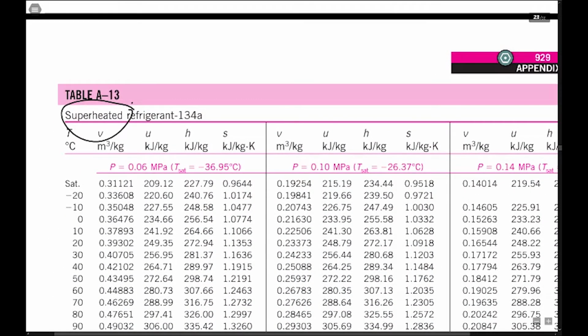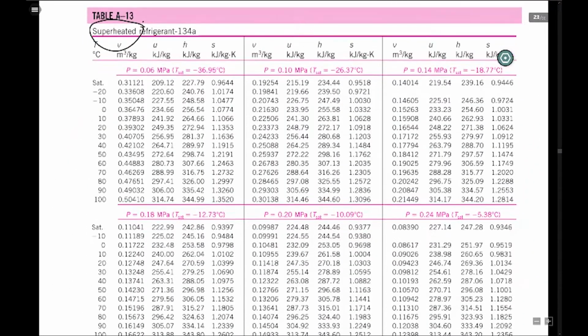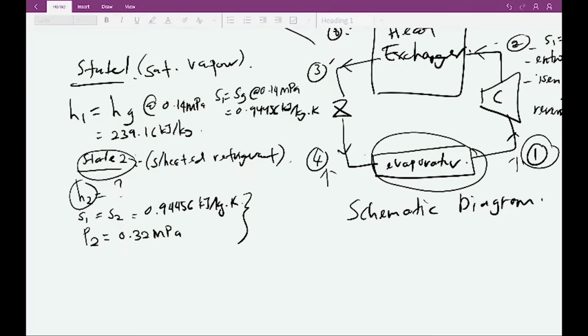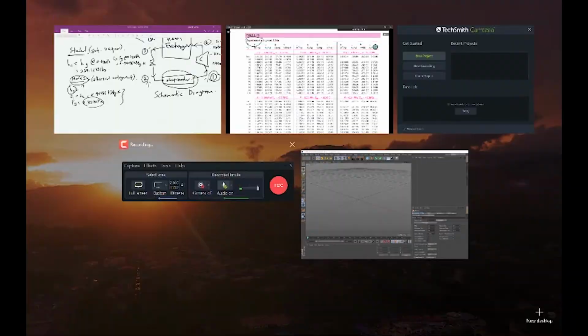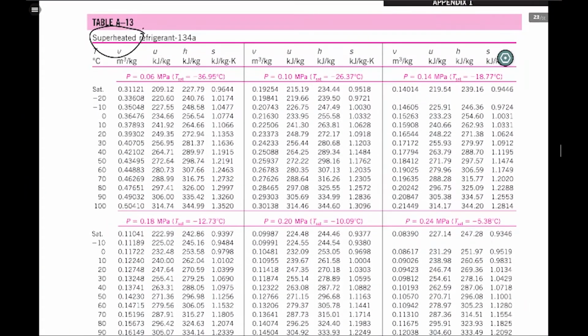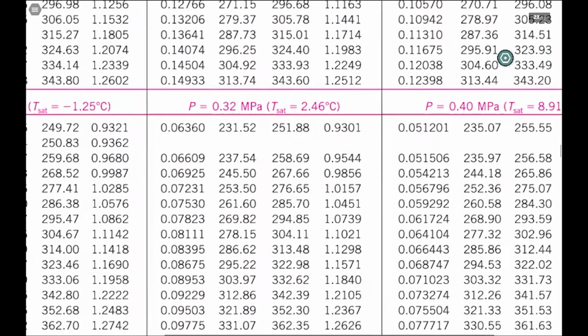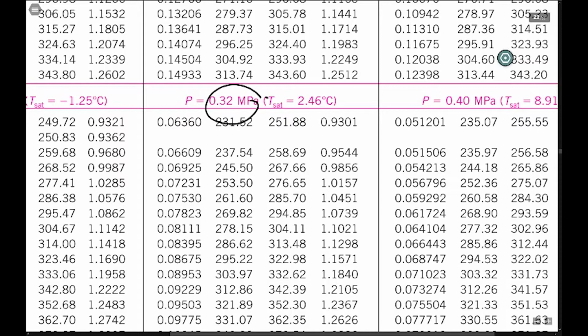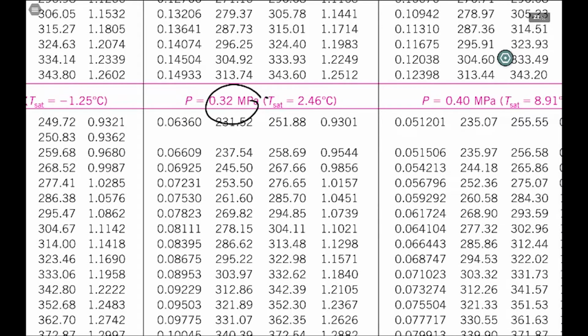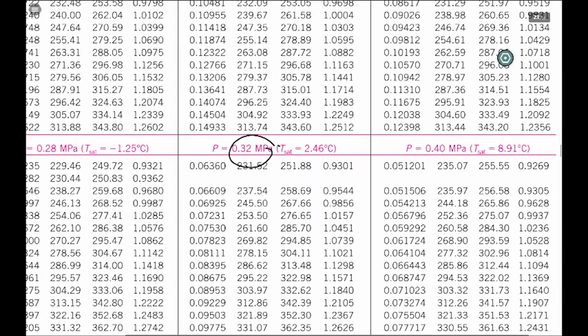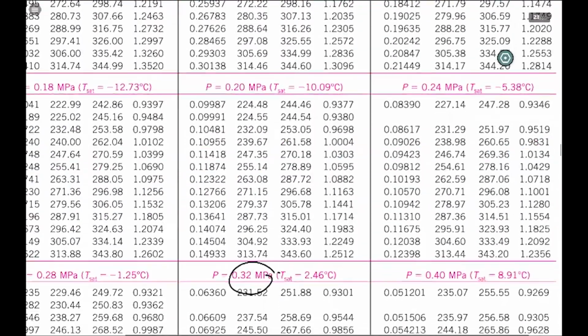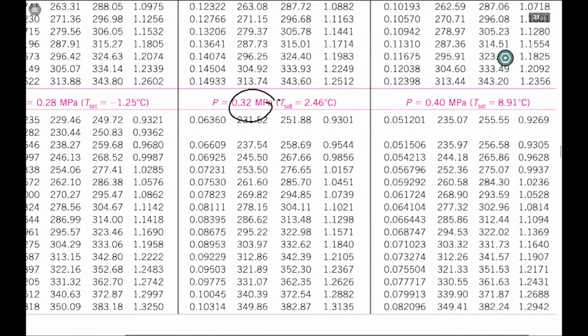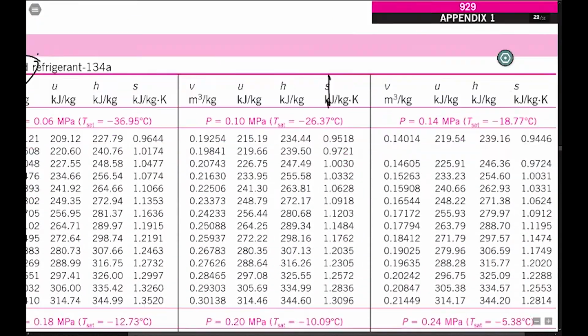To find the enthalpy, we need 0.32 MPa and also 0.94456 kilojoule per kilogram Kelvin. So I go to the superheated refrigerant table, searching for 0.32 MPa, and then searching for the other property, which is entropy, on the last column of this 0.32 megapascal table.